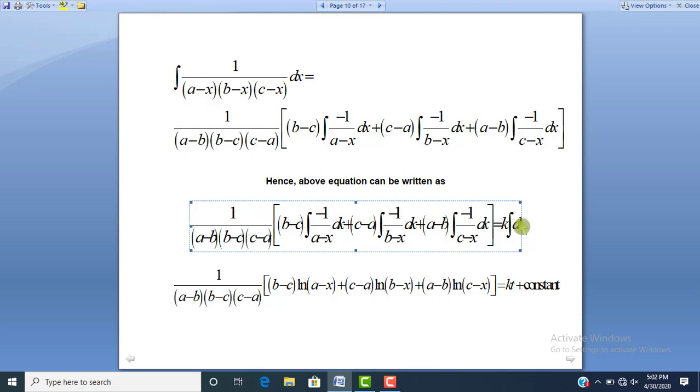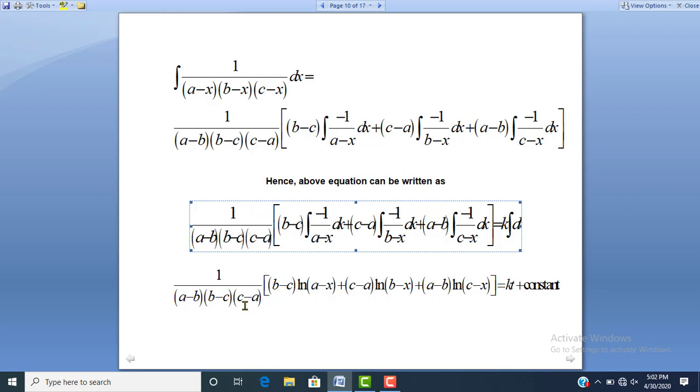So when we apply the rules of integration, integral of negative dx will be replaced with natural log.